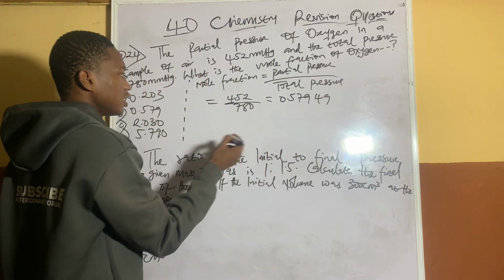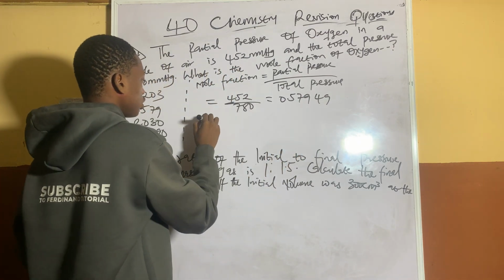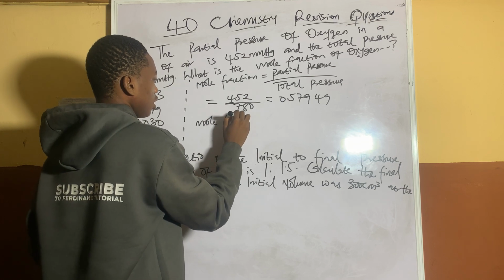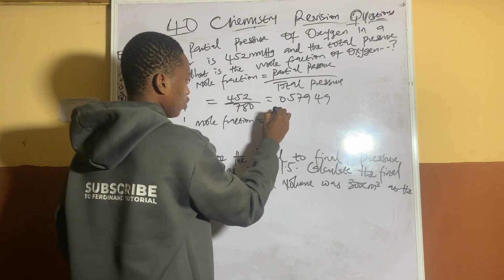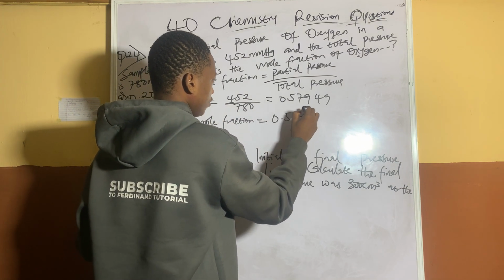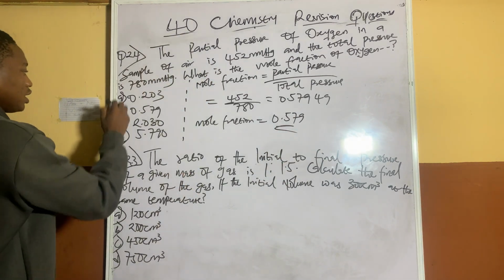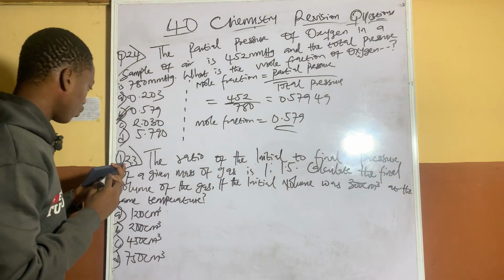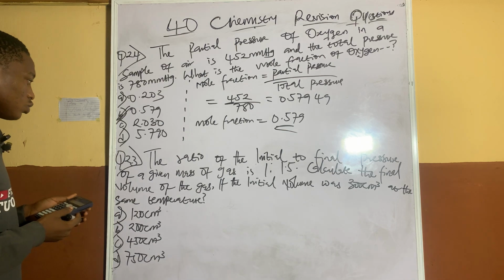Here, what do I have? 3 decimal places. So my mole fraction is equal to 0.579. Where is the answer here? My answer is B.